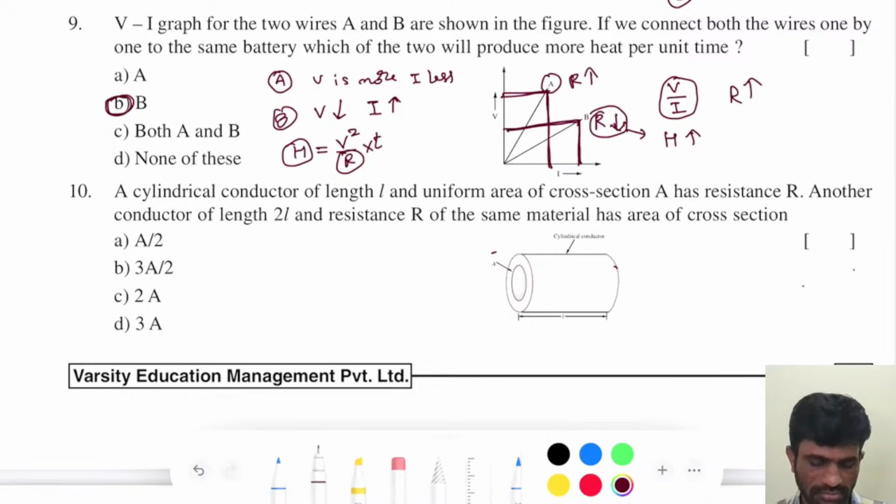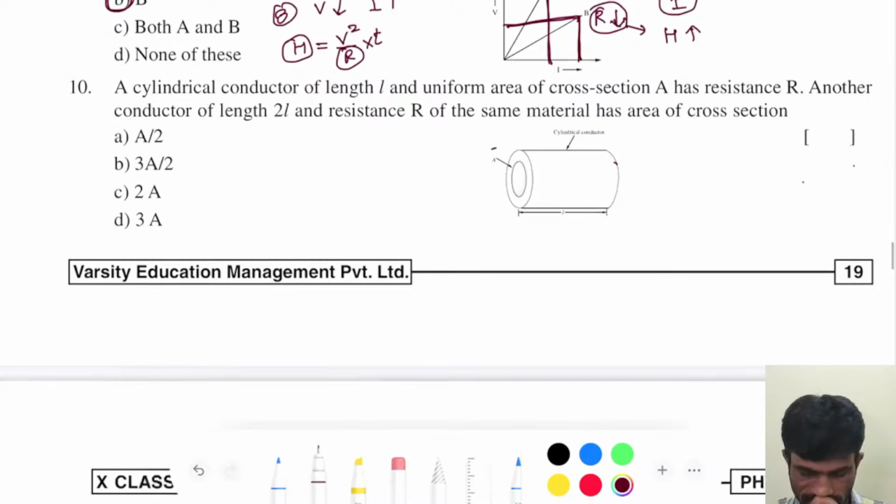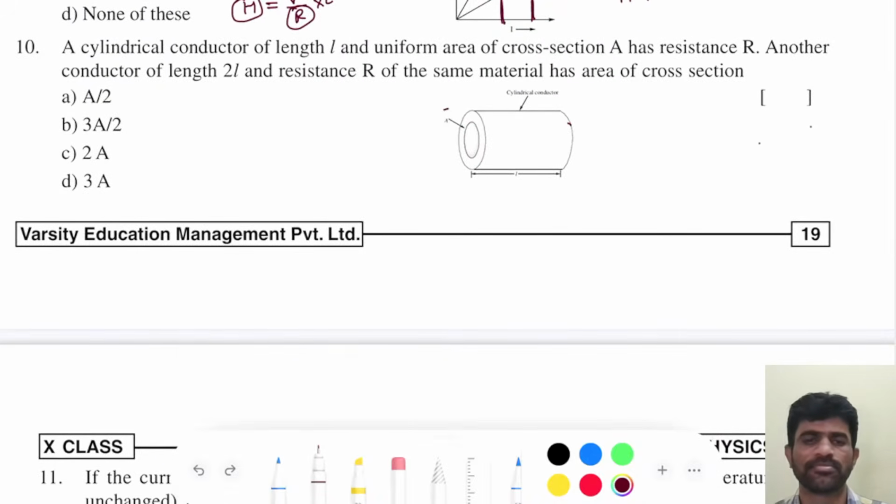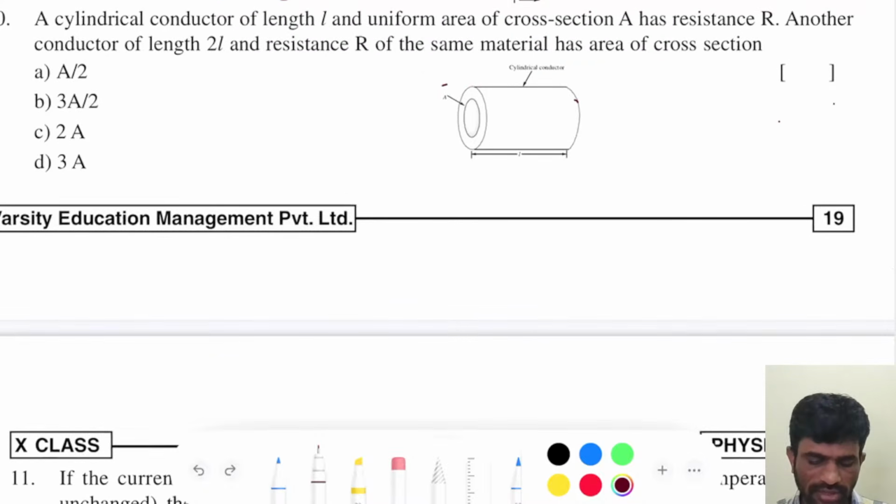Next question. See question number 10. A cylindrical conductor of length L and uniform area of cross section A has resistance R. Another conductor of length 2L and resistance R of the same material has an area of cross section of what? See, the length is increased to 2 times.